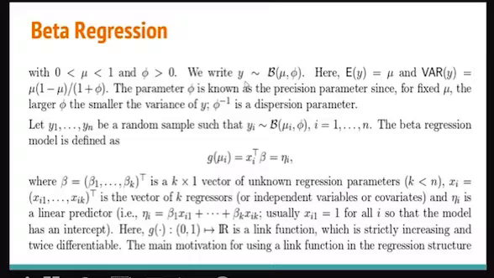Then the expected value of y, which is the mean, is equal to mu. The variance of y is now this expression here. And the parameter phi is what we call the precision parameter. For fixed mu, the larger the phi, the smaller the variance of y. And phi raised to the power minus 1 is the dispersion parameter.